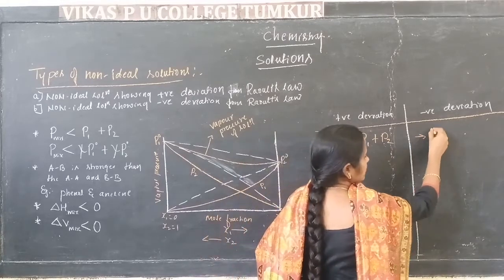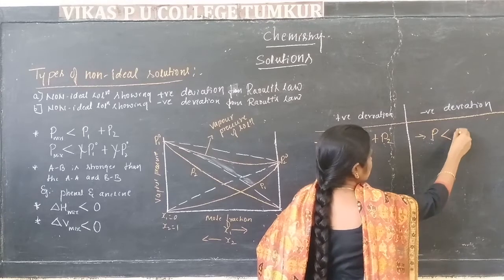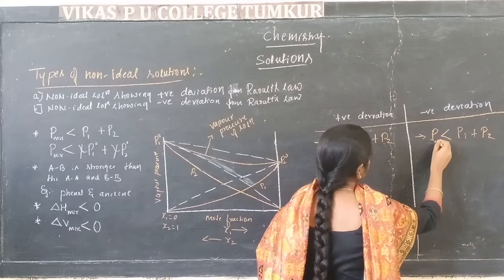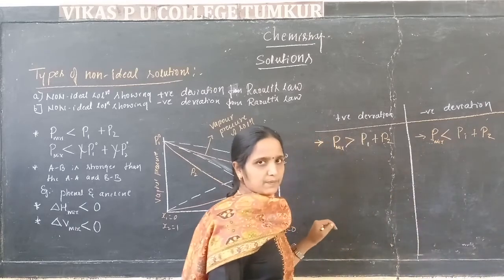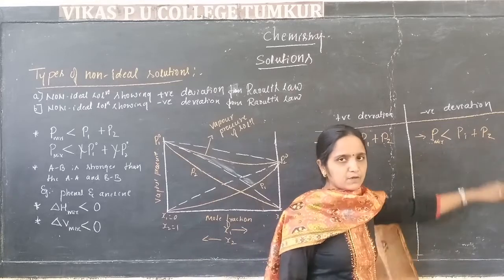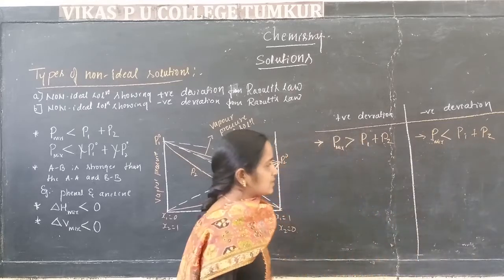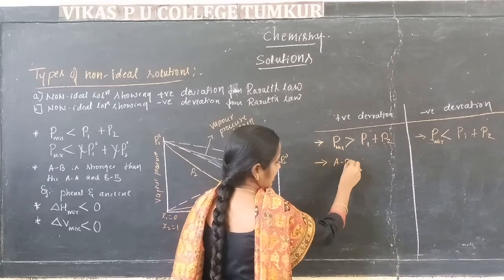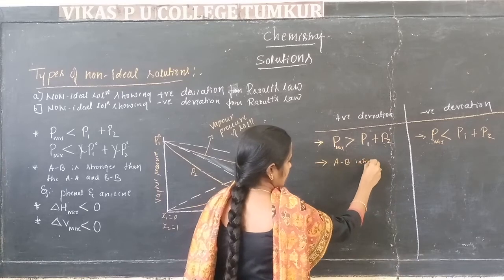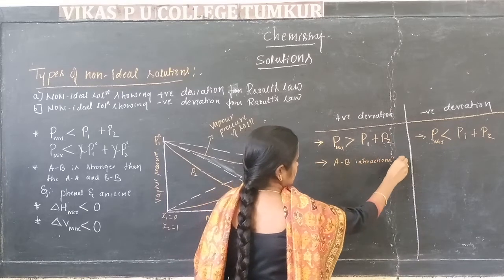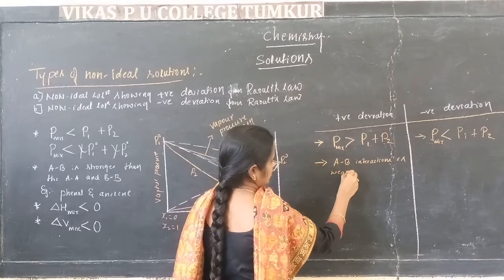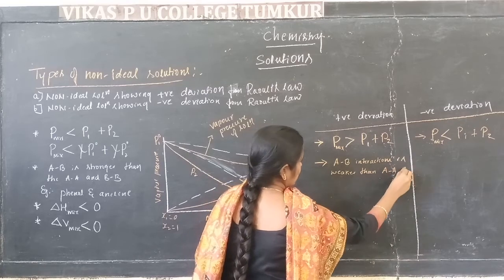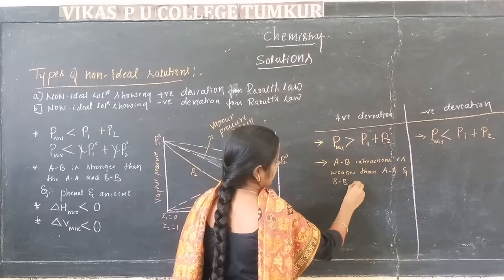In the negative deviation case, the total vapor pressure of the mixture is going to be less than the sum of the partial pressures of the two components. The second point you should remember is that in positive deviation, the A-B interactions are weaker than the A-A and B-B interactions.